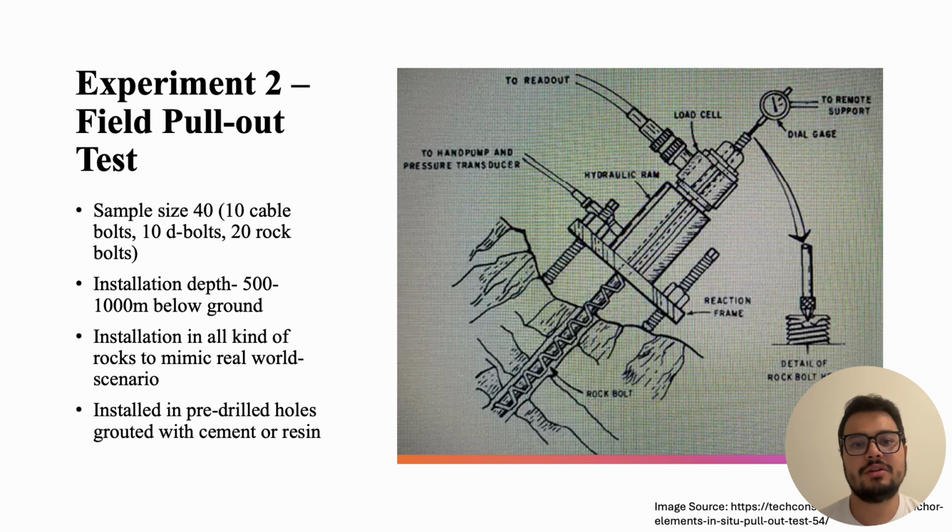Installation depth for this is 500 to 1000 meters below ground, and installation in all kinds of rock is done so as to mimic real-world scenarios. It is installed in pre-drilled holes grouted with cement resin.